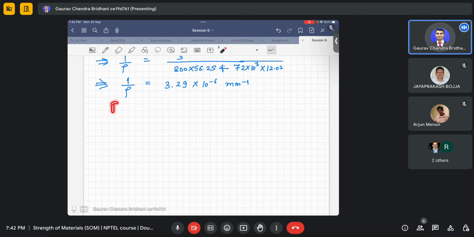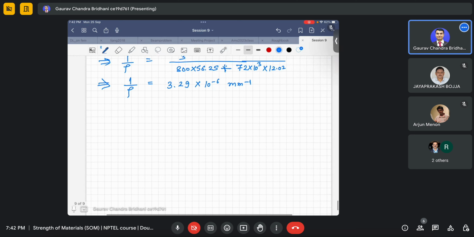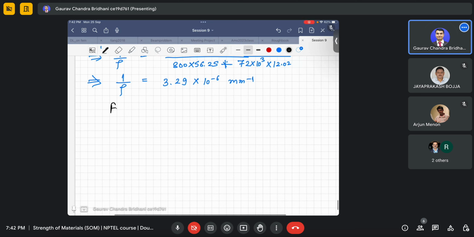So for the plastic core, because that is easier to find, first we will focus on that. I will draw the cross section once for clarity.